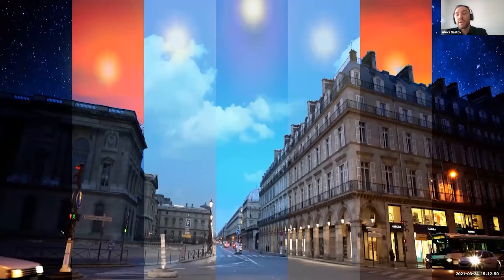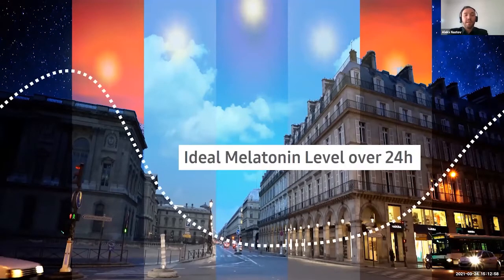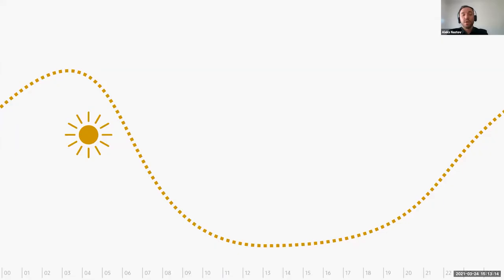It has many direct and indirect effects on our human body, and one of them is the ideal melatonin level that we should have over 24 hours. The curve I've put here is the ideal melatonin level curve, which depends on natural lighting, the light that we as human beings have evolutionarily become used to.